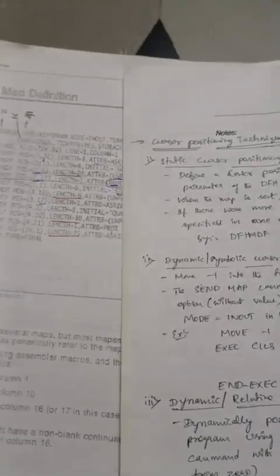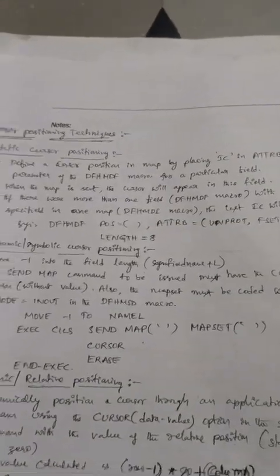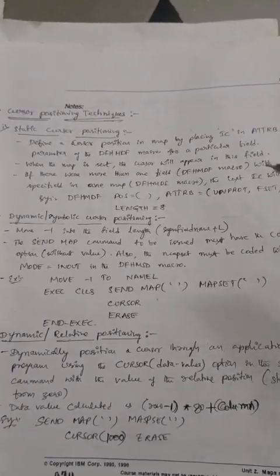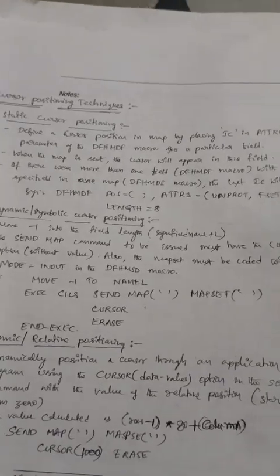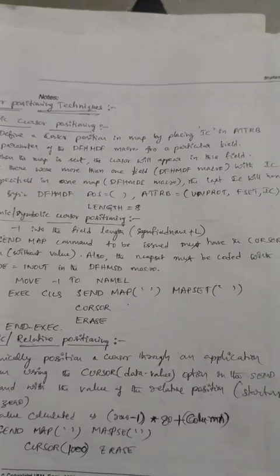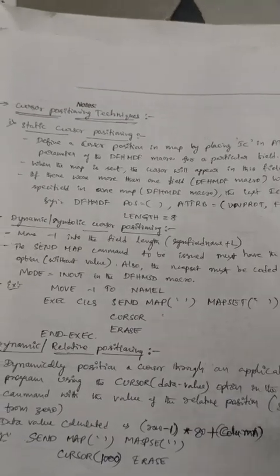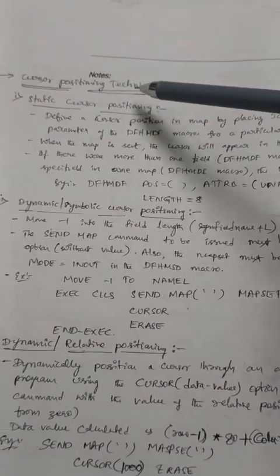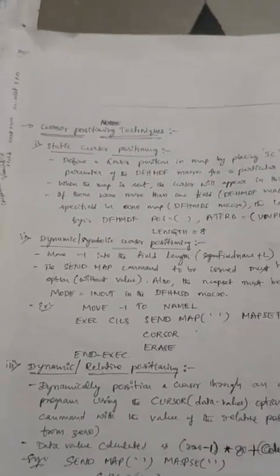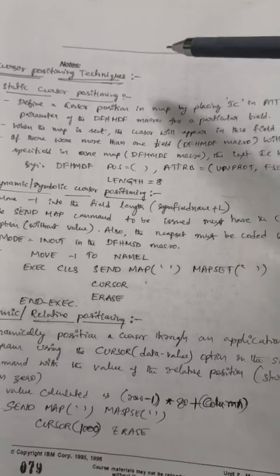And this is one of the most important interview questions. How many ways can we set the cursor positioning? They will ask how many ways we can place the cursor into any one of the fields, what are the ways.